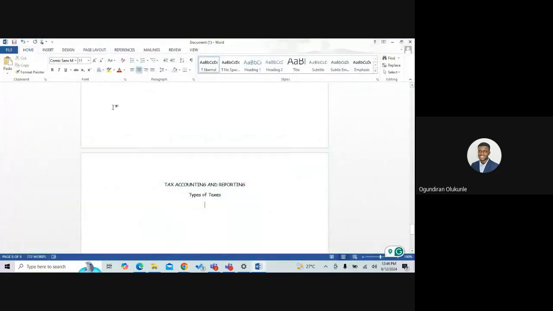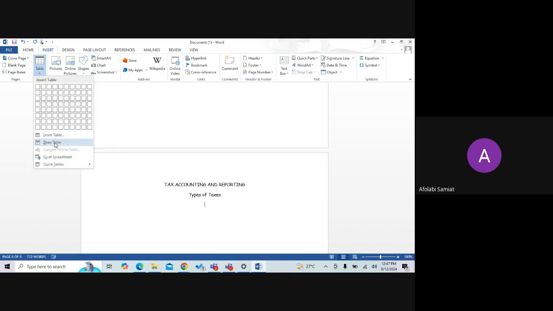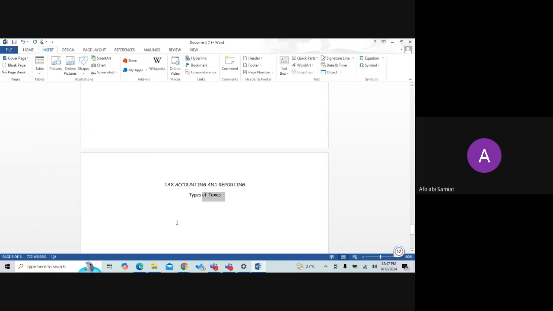When we talk about types, we have two broad classifications of taxes. The first one that we have is called current tax.